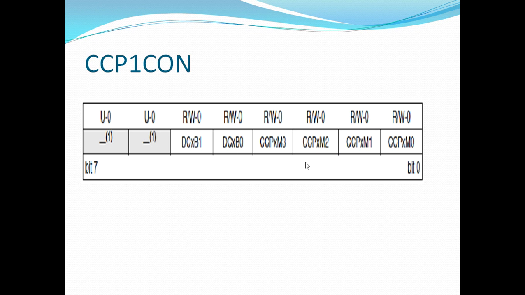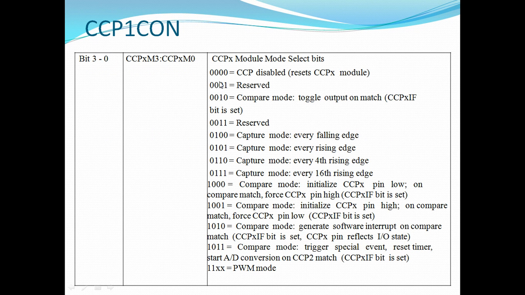Let us discuss these bits. Here you can write the values for mode selection. If I write 0000, then the CCP module is disabled, and we are not going to use it for programming.